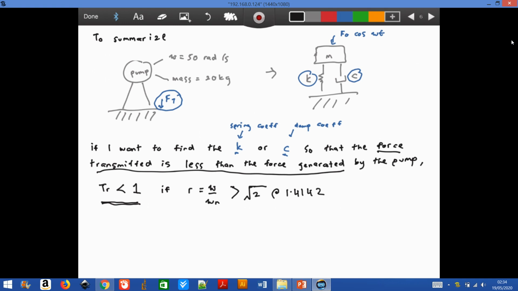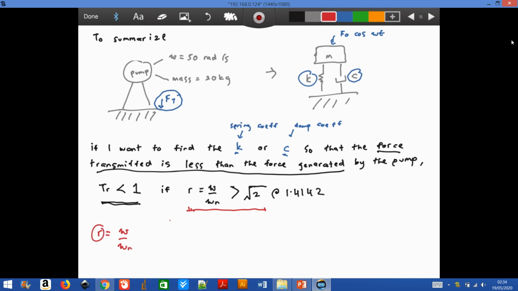Therefore, considering this case, okay, so omega n, we need to make sure that the omega n is less than 50 over square root of 2. Right, maybe you're confused. Okay, since we want to ensure that the r is larger than square root of 2, therefore the threshold, we know that r equals omega over omega n.